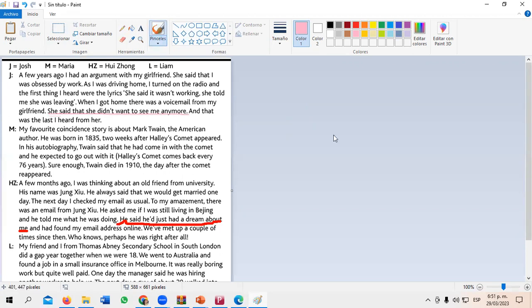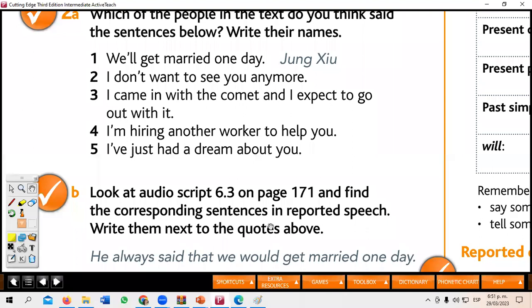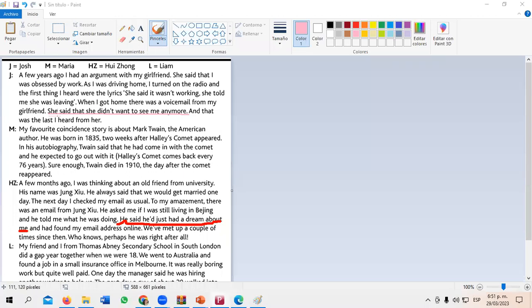All right, so this is the equivalent. This is the original version, I don't want to see you anymore, and then he is reporting. She said that, ella dijo que, she said that she didn't want to see me anymore. All right.